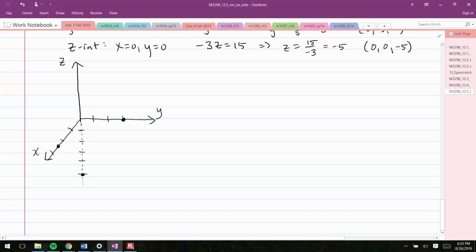Down here. So a little awkward drawing this plane, but pretty much all you need to remember is to connect the dots and make a triangle and color it in. So don't worry too much. Maybe I should use a different color.